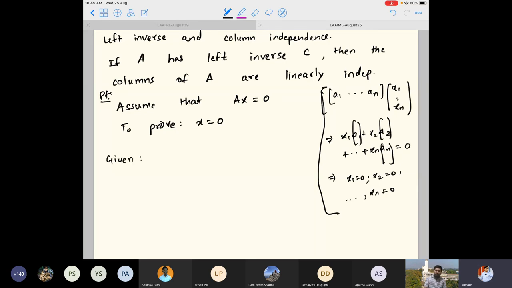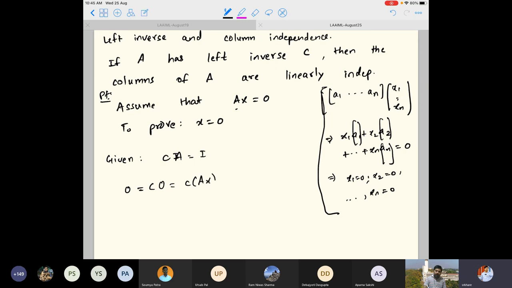What is given to us? A has left inverse C, which means that C into A is equal to identity. So start with the 0 vector. You can write this as C times 0, and this 0 you can write as AX.